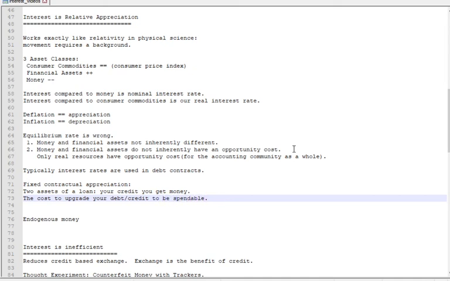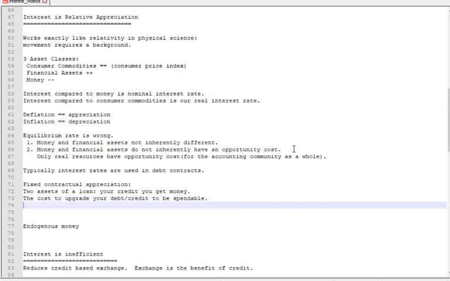So if everyone just accepted your credit, then you wouldn't need to upgrade your credit. You wouldn't need money. Your debt would actually function as money. So you would pay someone with your credit, and they could in turn use that credit to pay someone else. So if you had perfect credit and everyone knew you had perfect credit, you would not need to upgrade.